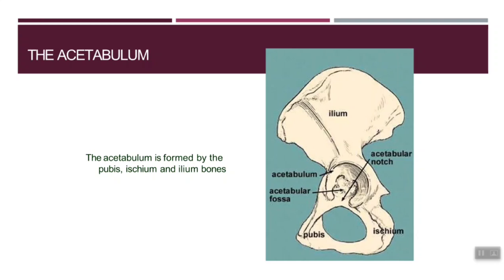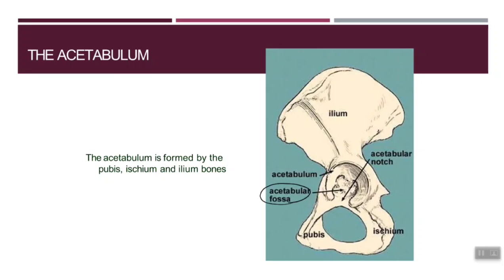The non-articular part is called the acetabular fossa, and the articular part is the lunate surface. In here you can find the lunate hyaline cartilage, where the head of the femur joins. This cartilage exists in the anterior, superior, and posterior parts, but in the inferior part, we have a notch or defect. That name is the acetabular notch.